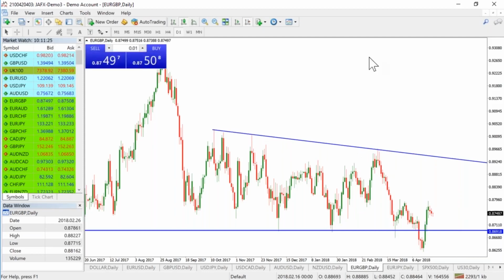The euro pound is just procrastinating around this kind of level in here. So we are now back inside the range bound descending channel. So you can see a downward push of prices. There's a series of lower highs at this top level. And we did get a break of this recently, just a week or two ago, but it's kind of reversed back inside that level.